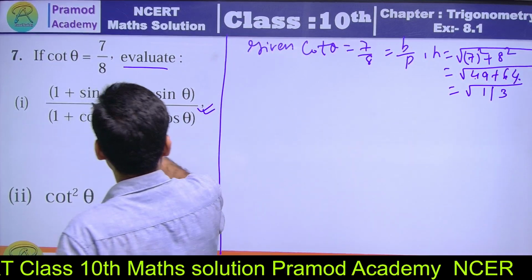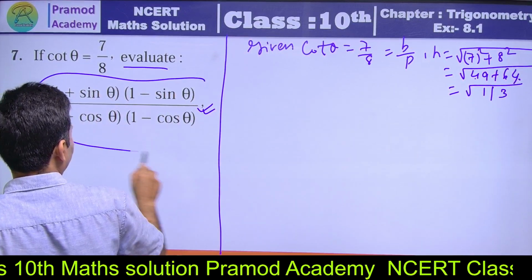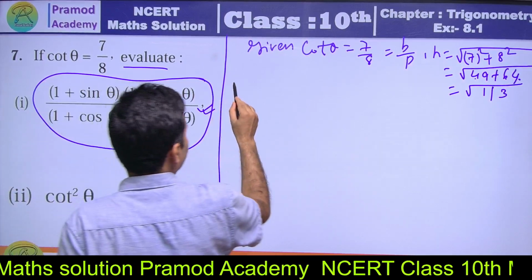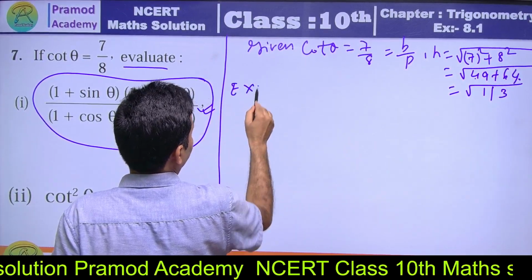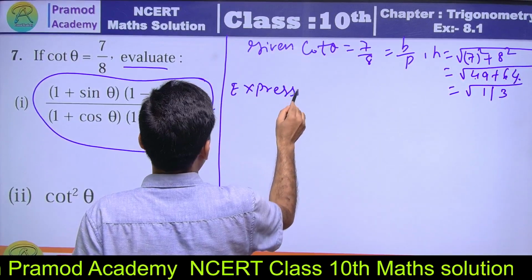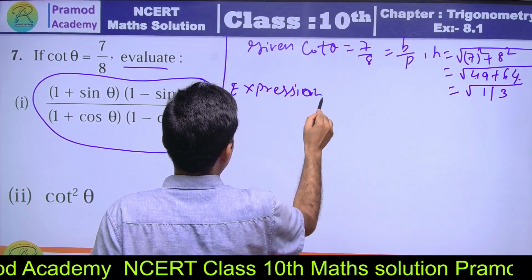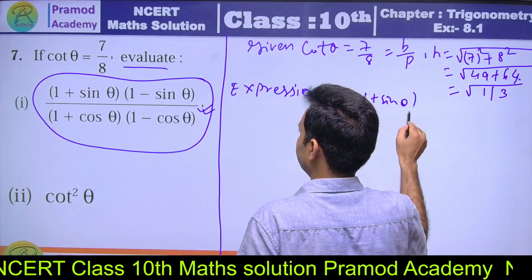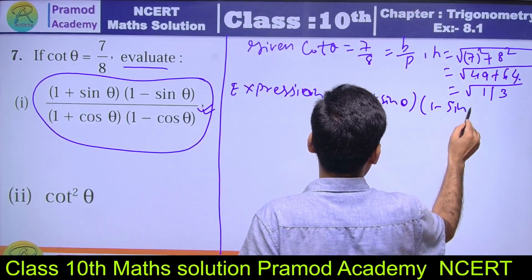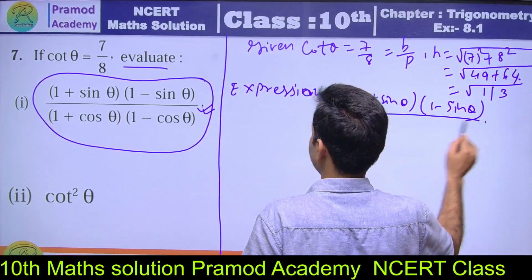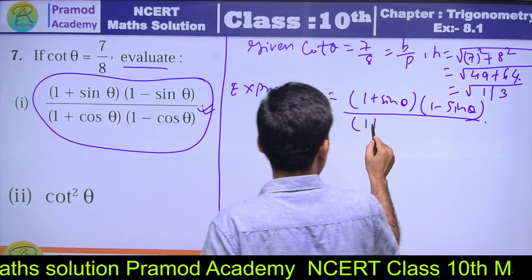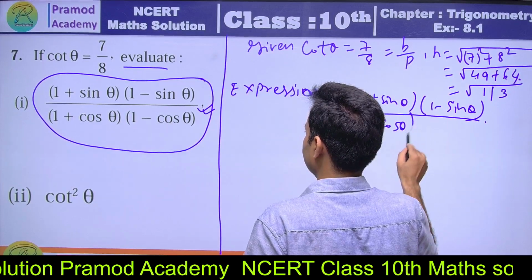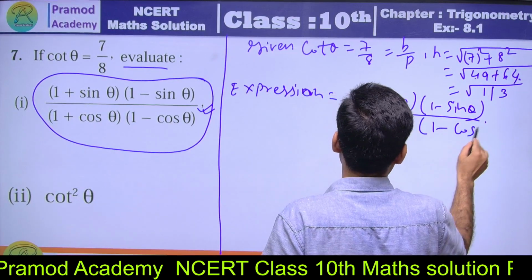So this is the expression. We have to find the value of this expression. Expression equal to root under (1 plus sin theta) into (1 minus sin theta) by (1 plus cos theta) into (1 minus cos theta).